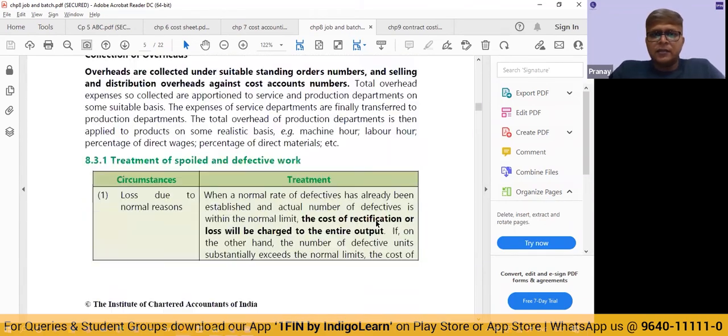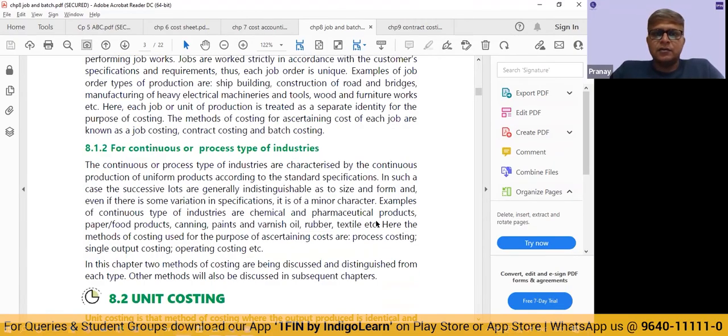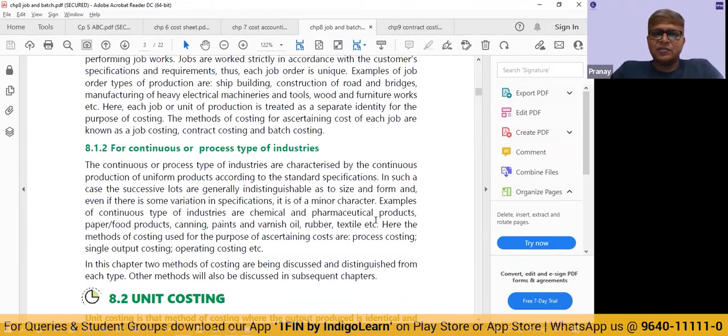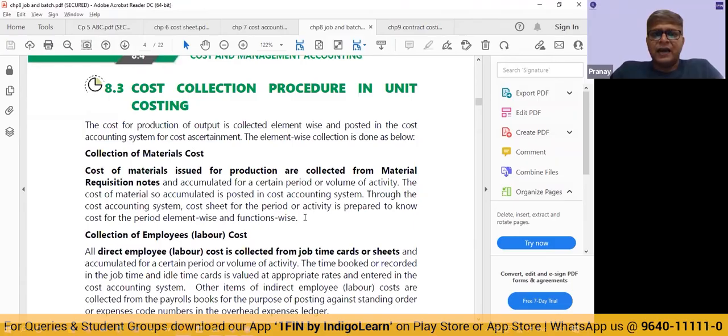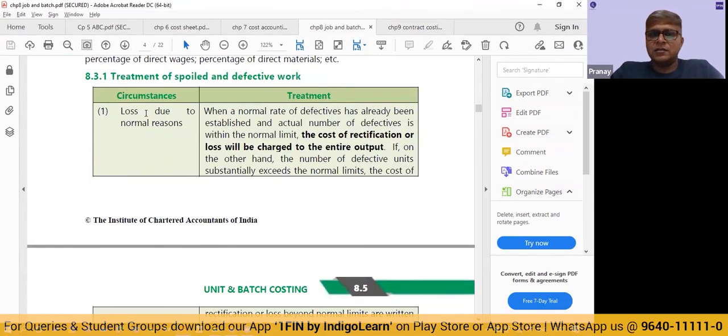All right. So one thing which I want to draw the attention of students to is that whichever topic you take, the fundamental principle is always going to remain the same as far as abnormal items or losses are concerned. Any loss due to normal reasons will always be absorbed by the good production.